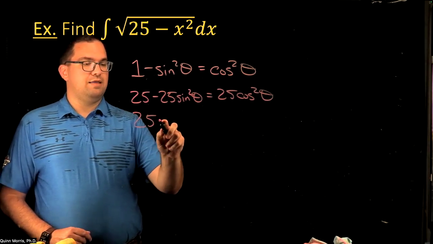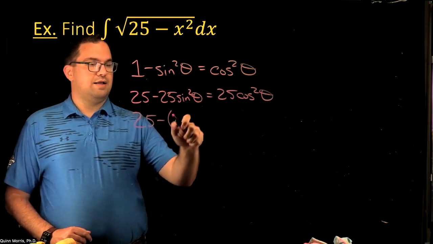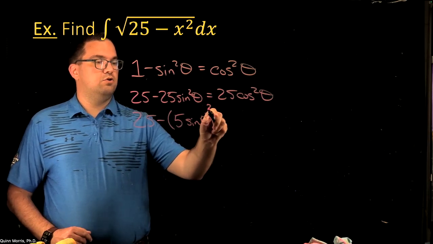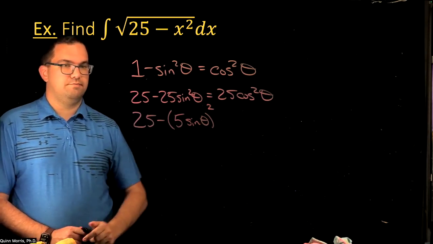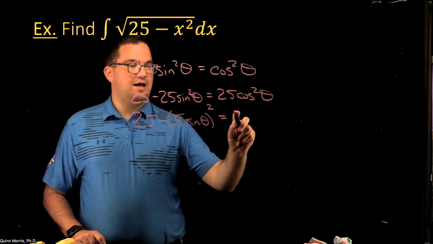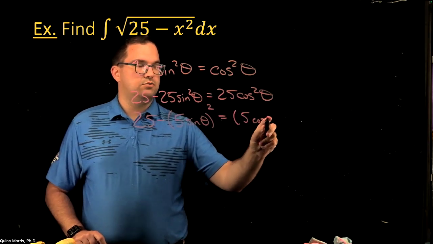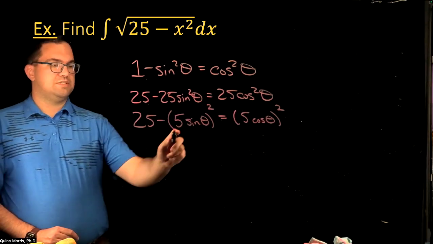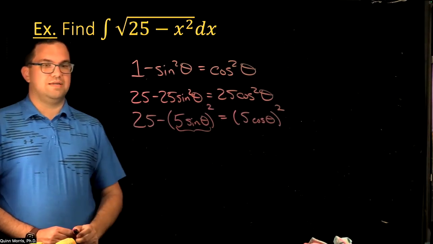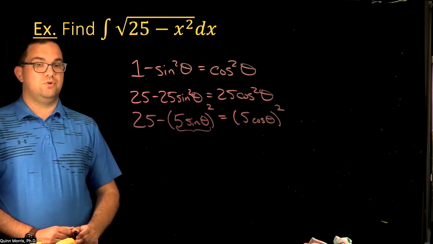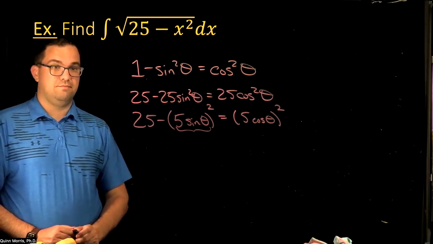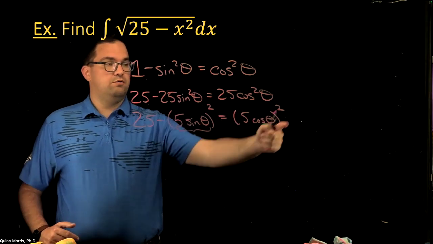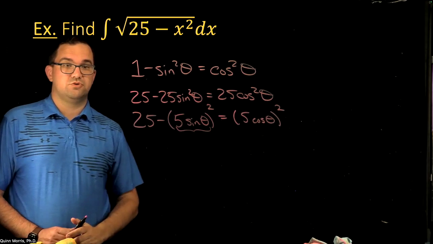And now if I rewrite this, here I see I could rewrite this as 5 times sine of theta quantity squared. And then I would be left with 5 times cosine theta quantity squared. So here I'm seeing that instead of just substituting in sine, if I were to substitute in 5 sine of theta, then I would end up with something under the radical that is in fact equal to a perfect square.